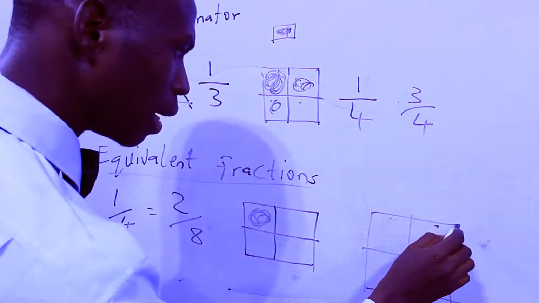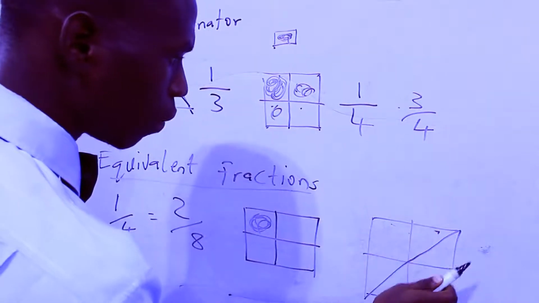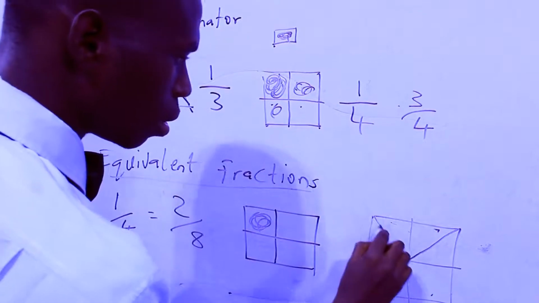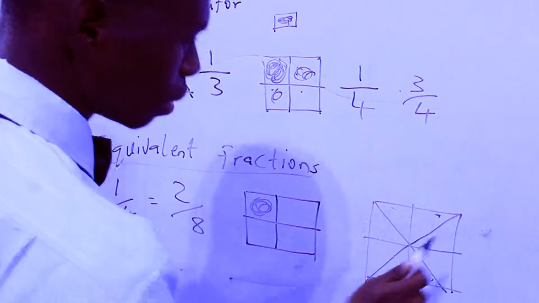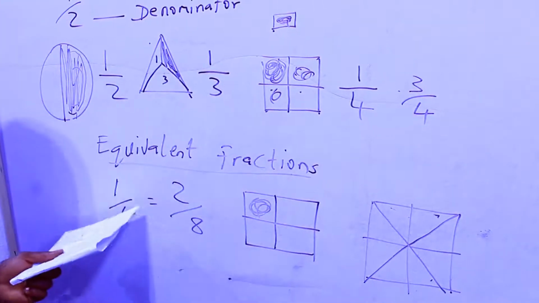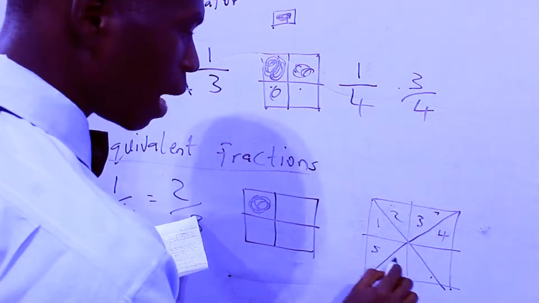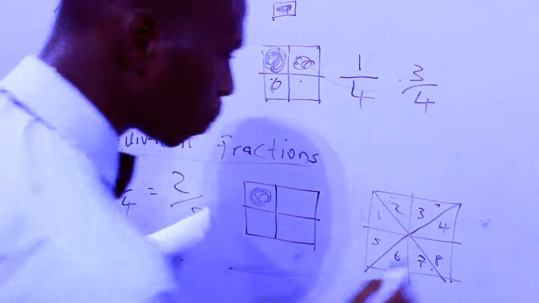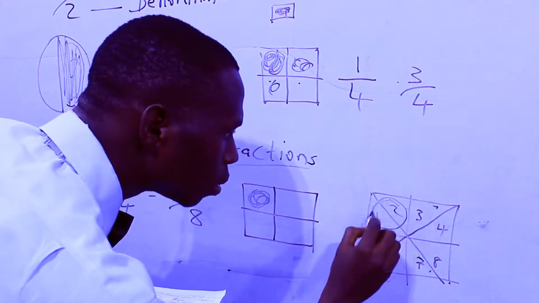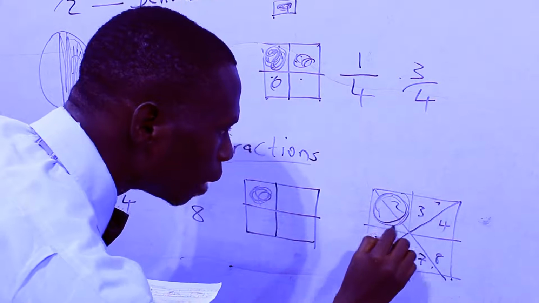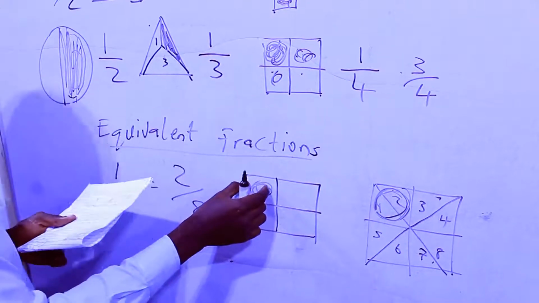If I want to divide again, I can make it like this. 1, 2, 3, 4, 5, 6, 7, 8 parts. And I will take 2 of it like this. This part and this part. If you look at it, you will notice that this place and this place is the same thing.